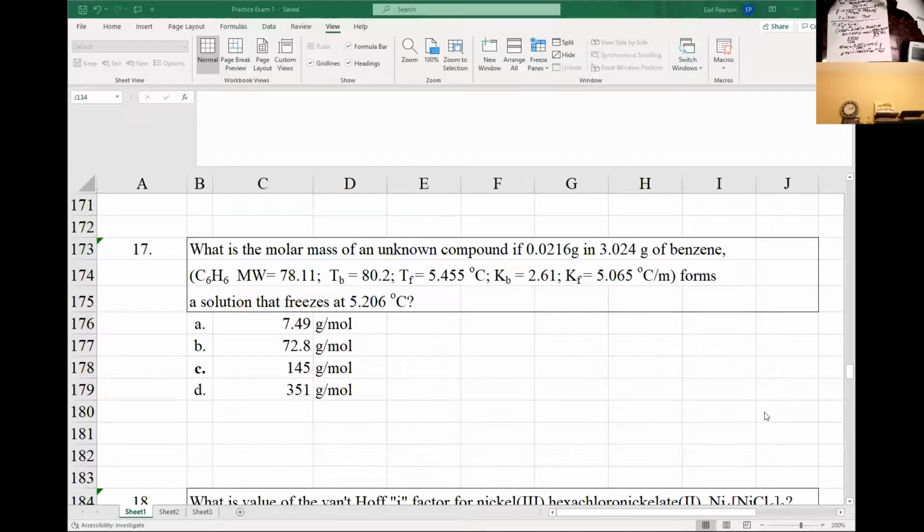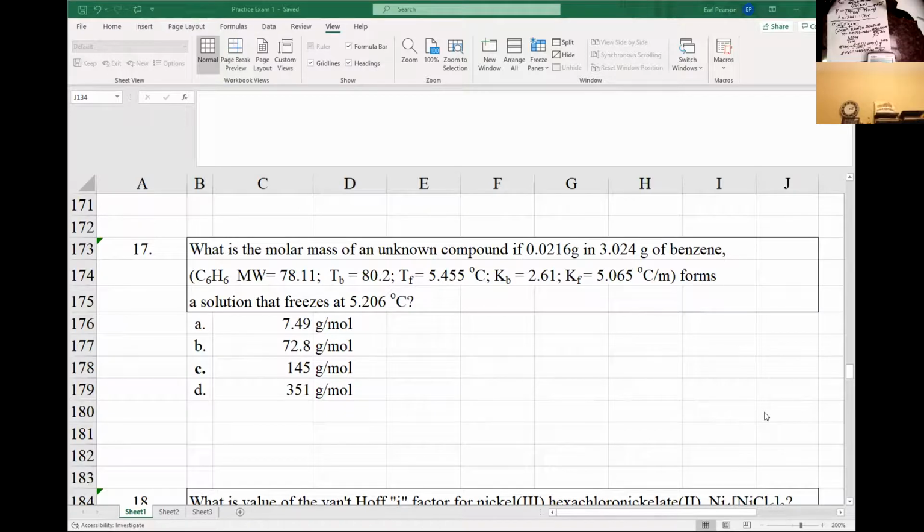Now, how do I get the number of moles? I'm going to take the grams and divide by the molecular weight. Now, I do know what the number of grams is from the problem. Let's go back and look at it again so we can put this number in. We had 0.0216 grams. So to solve for this, I need to take that number and divide by my answer that I have on here.